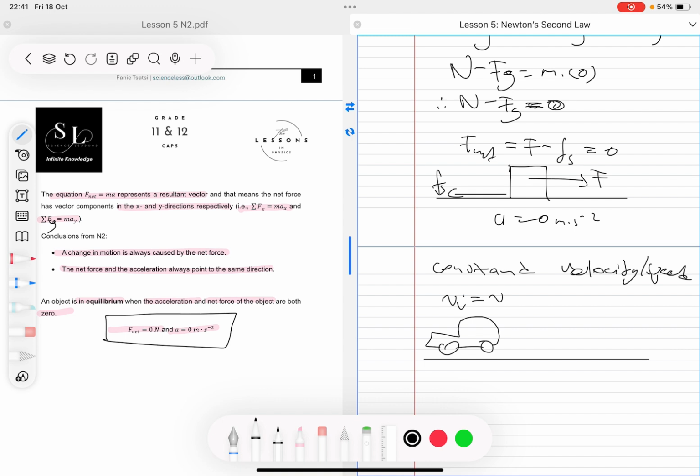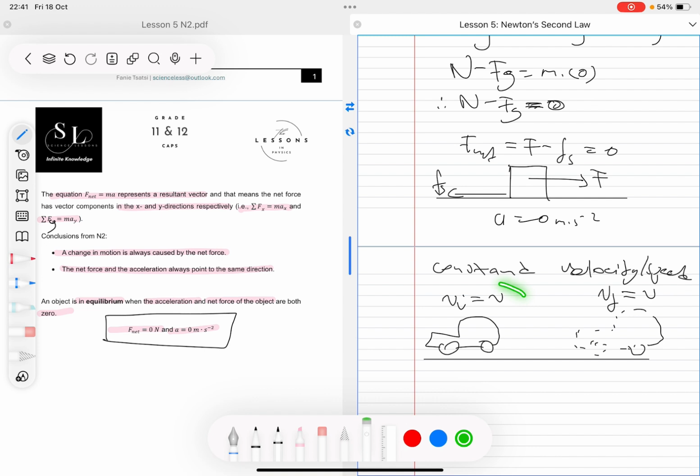But now when this car gets to this point, it will have some final velocity, v final. Because it's a constant velocity, it means it will still be v when it gets here, because constant would mean that it is uniform, it does not change.